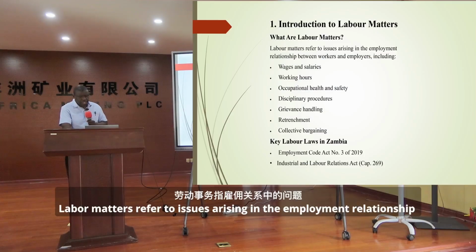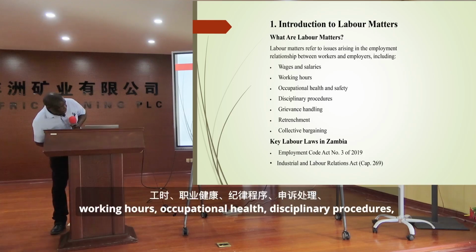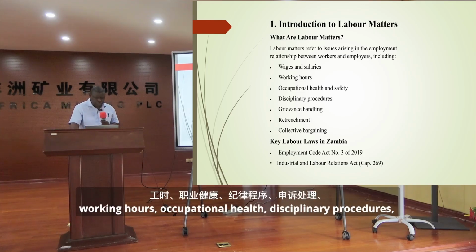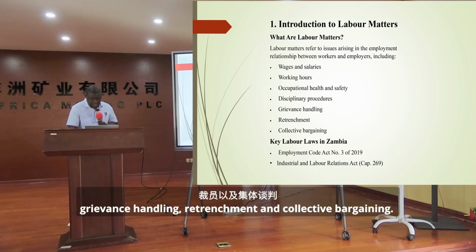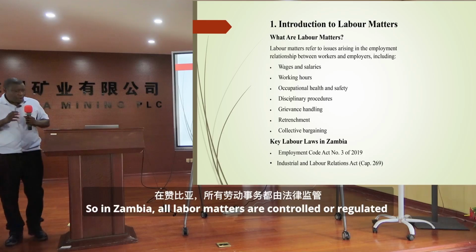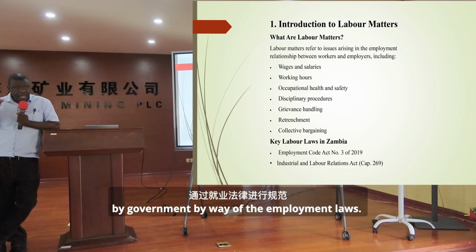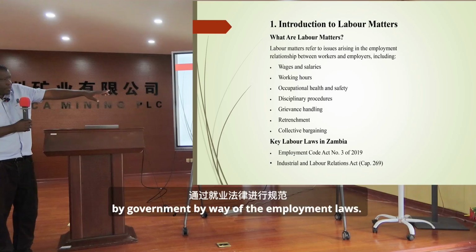Labor matters refer to issues arising in the employment relationship between workers and employers, including wages and salaries, working hours, occupational health, disciplinary procedures, grievance handling, retrenchment, and collective bargaining. In Zambia, all labor matters are regulated by government by way of employment laws.